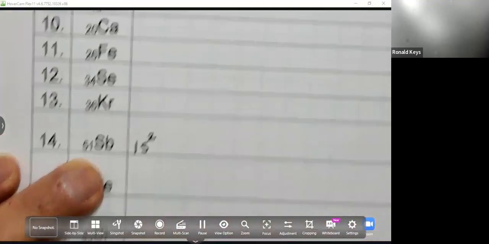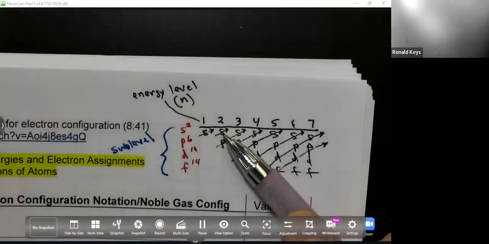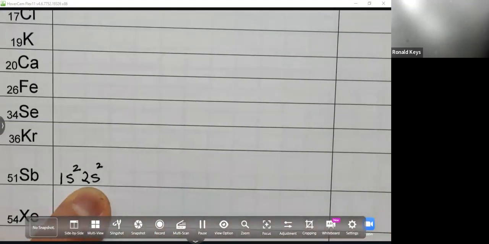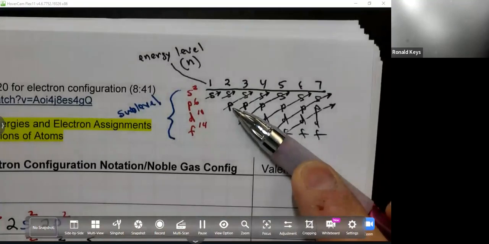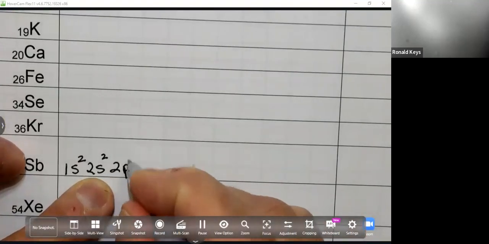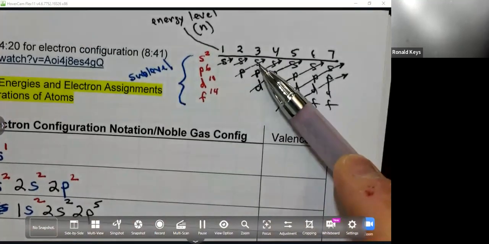That arrow is done. I'm going to the next arrow. This is 2s2. We've only put 2 on those s's. Then I start this arrow down here, 2p6. And I'm going up this arrow, 3s2 right here.